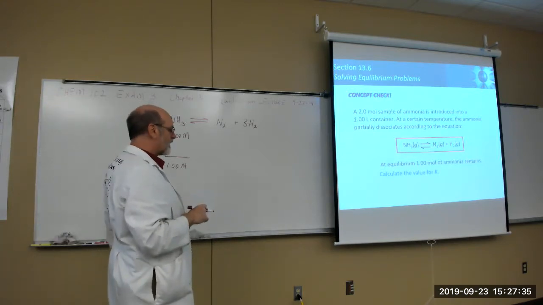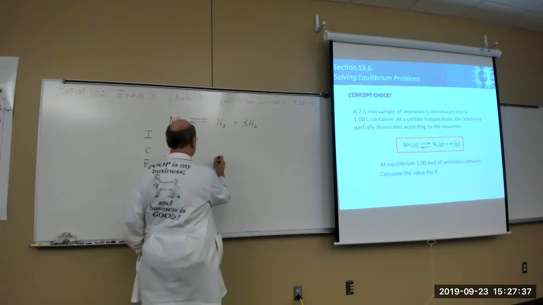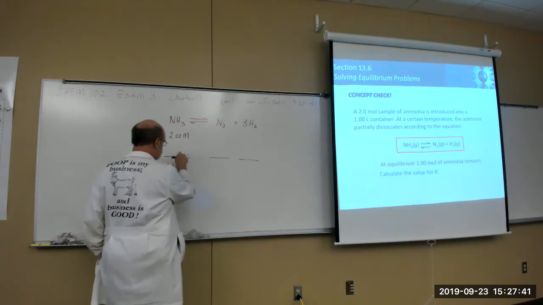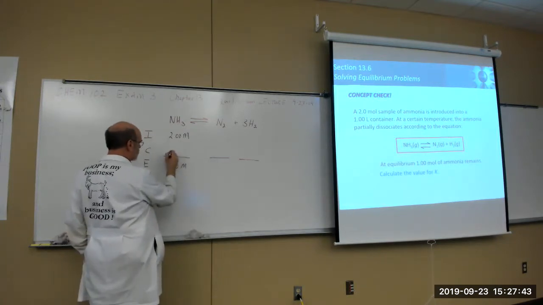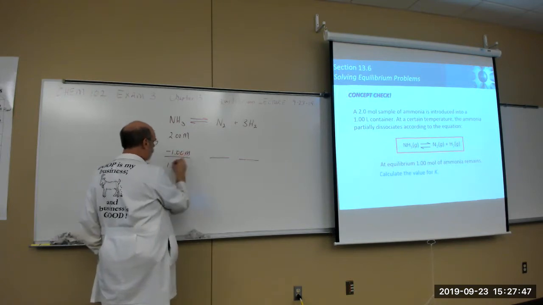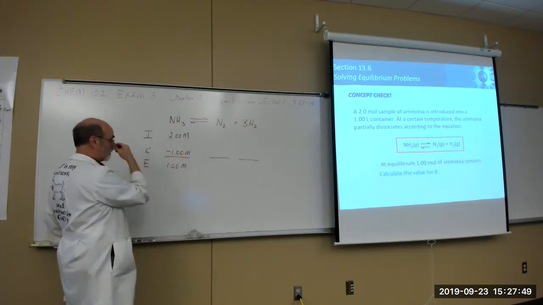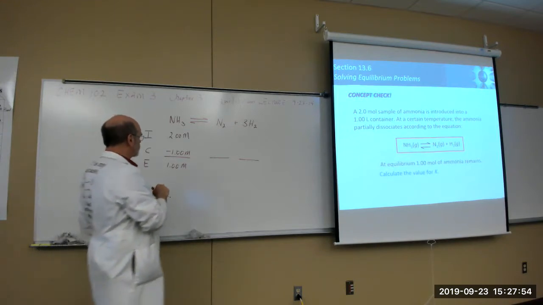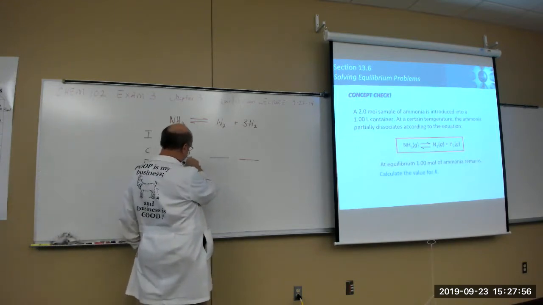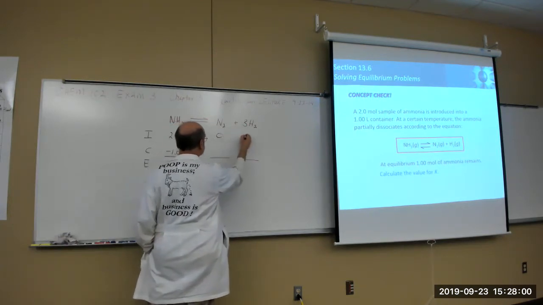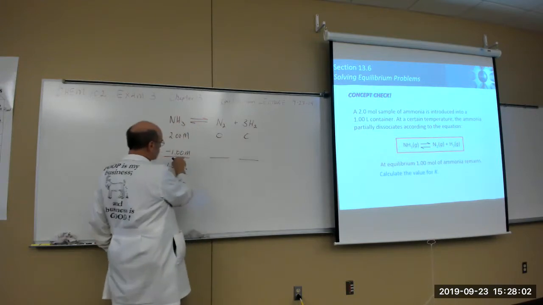Calculate the value of K. What was the change from here to here? We lost 1 molar concentration of ammonia. That's what it took to give us 1 molar. The initial concentrations here are 0.